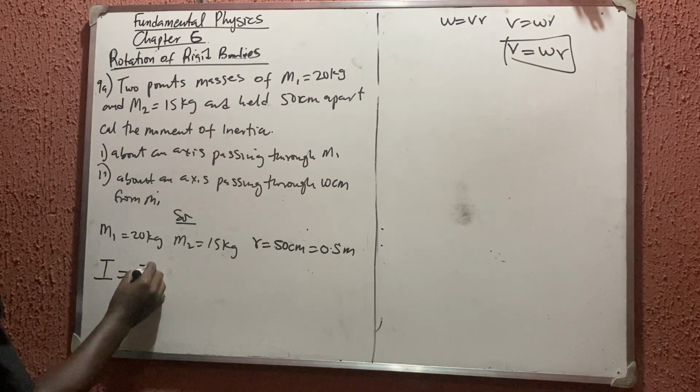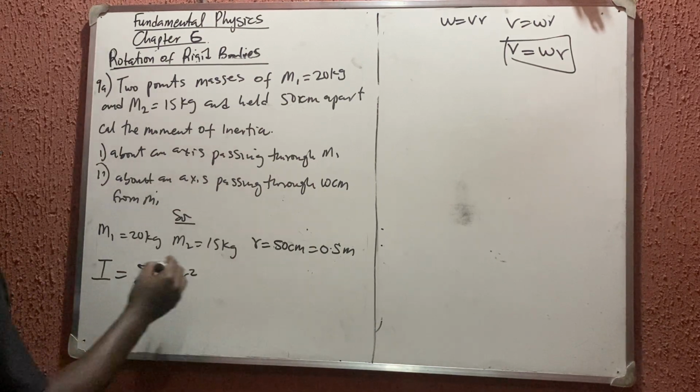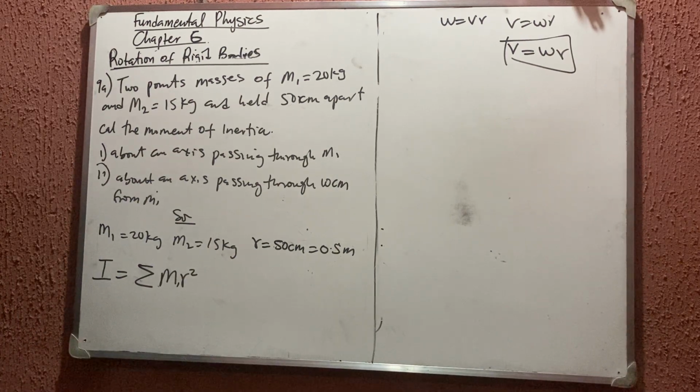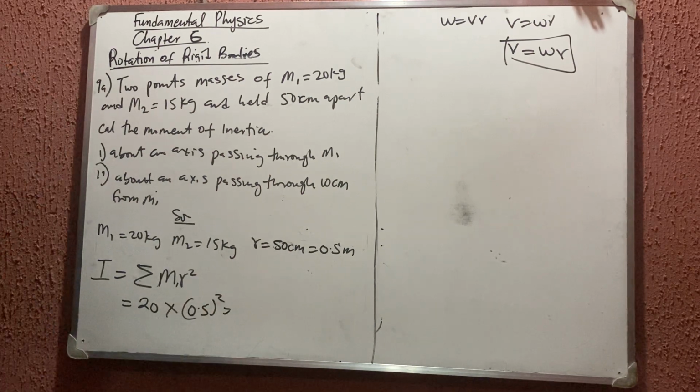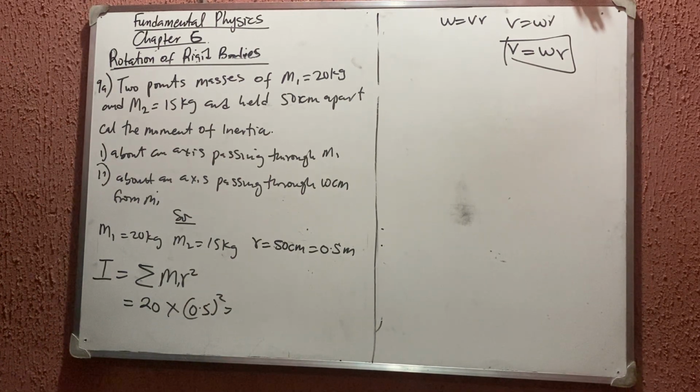The summation of M R squared, M1 R squared. But forget the summation. My M is what? 20 times 0.5 all squared. So 0.5 squared times 20, I'm going to have 5.